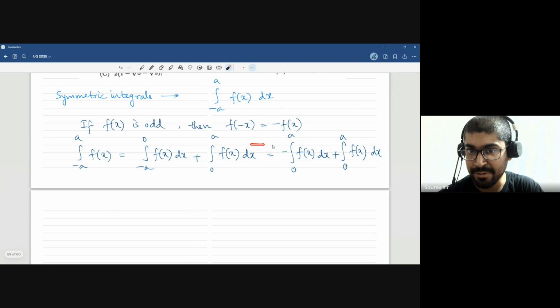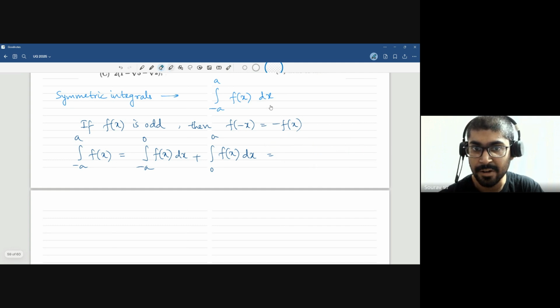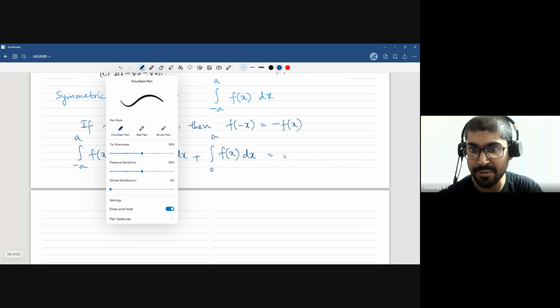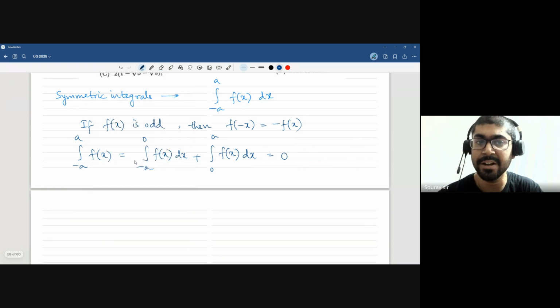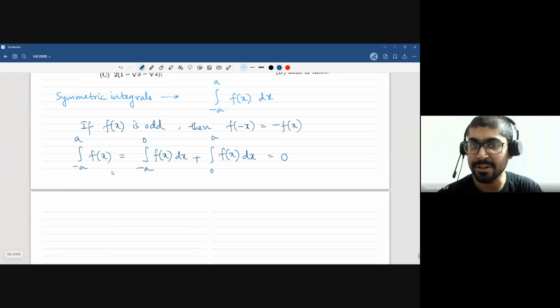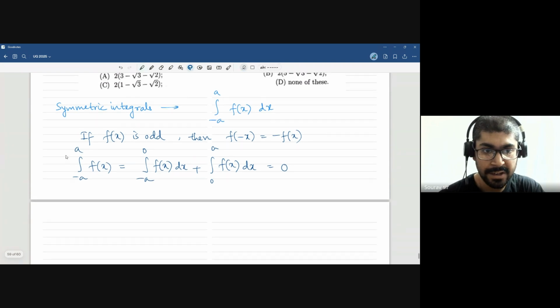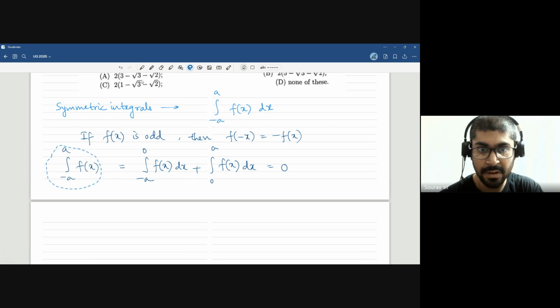So negative, negative makes positive, and the third negative brings it back to negative again. So these will cancel out, and you are ultimately left with 0. So remember, if there is an odd function and you are working on a symmetric integral, then the answer will always be 0. Here I think I'm missing the dx. This happens when it is odd.